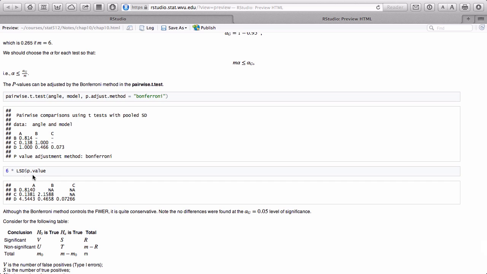So if I have 6 times this, these are the LSD p-values, this is what I get. Now compare what I get from the output of using the pairwise t-test with Bonferroni to this. What's the difference?